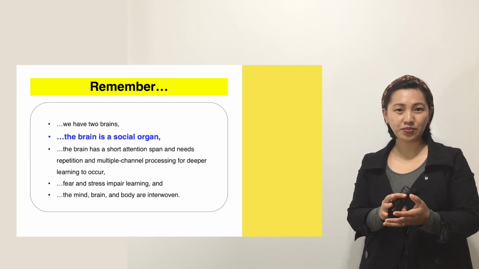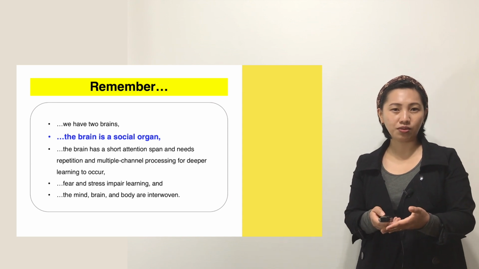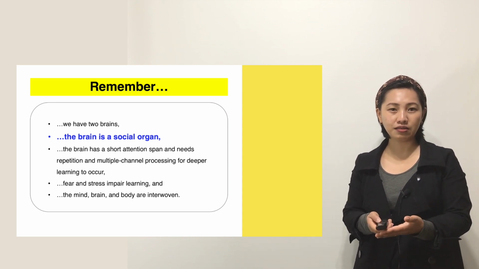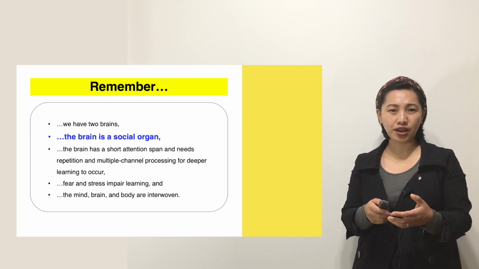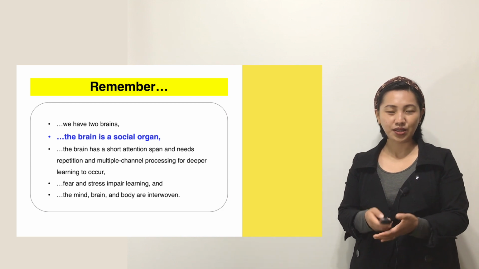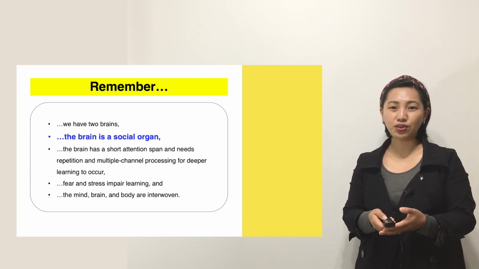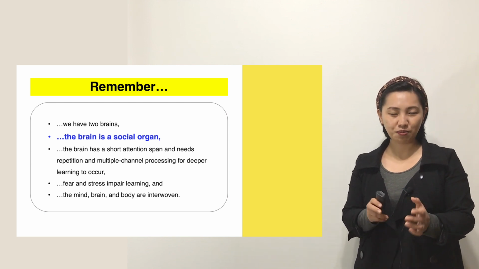That's why some people have early onset of dementia, or they forget things earlier on, because their brain doesn't have enough practice. So that's why teachers should integrate social activities in the classroom. Meaningful connection.